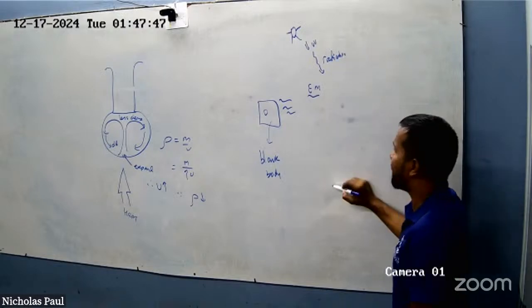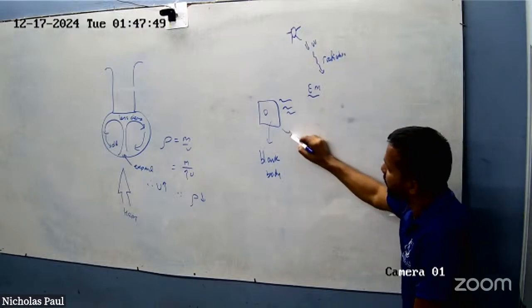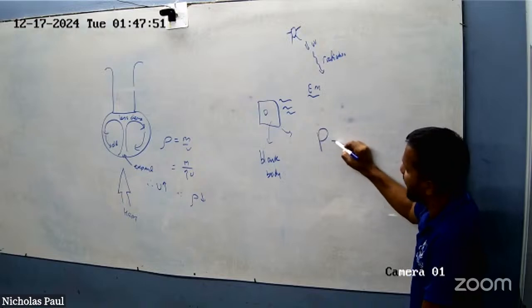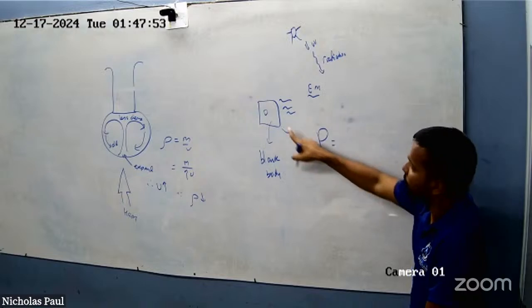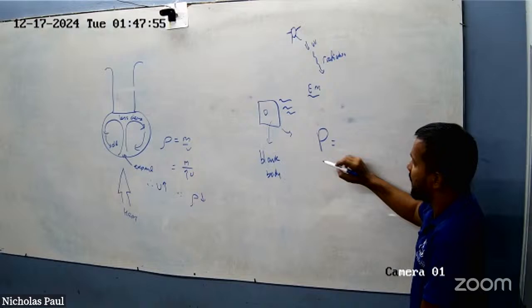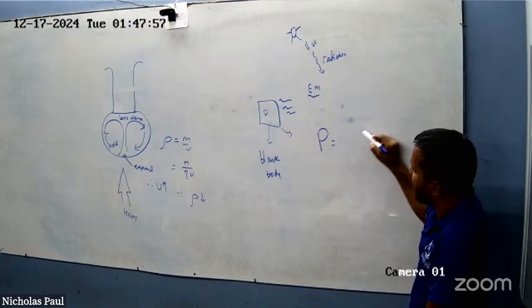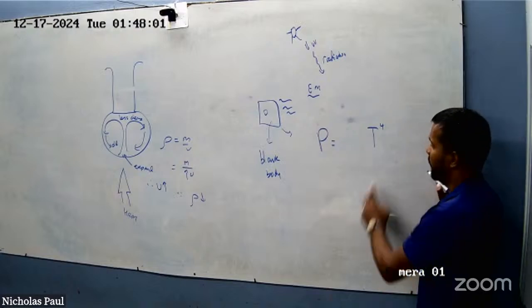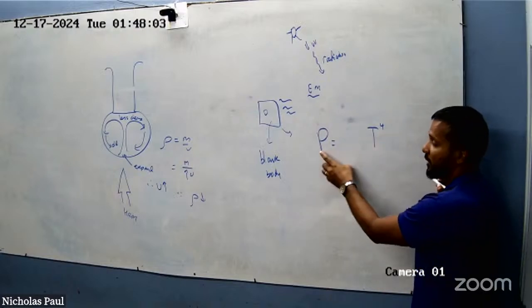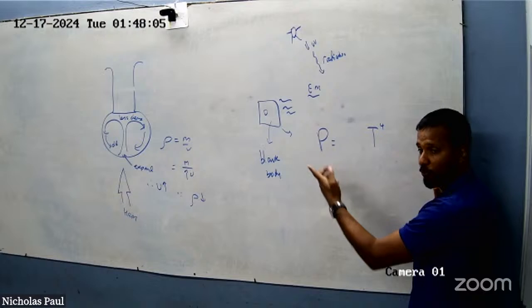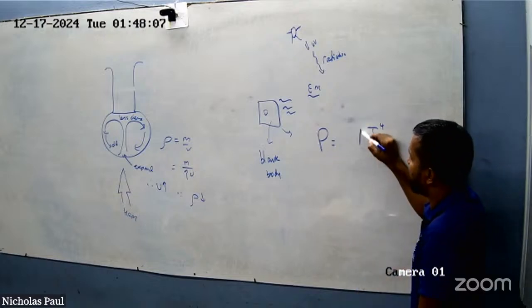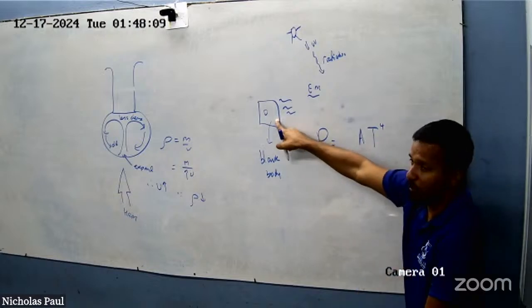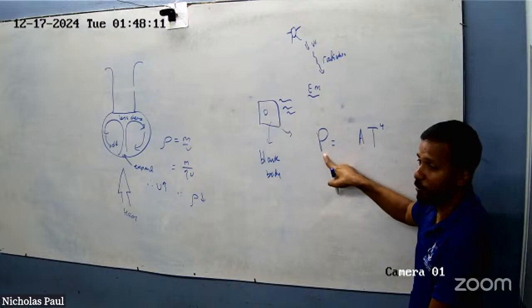So Stefan came up with a relationship that allows us to find the rate of heat flow from any black body radiation. And the rate of heat flow is given by temperature to the power of 4. So a real small temperature change will give you a large power, or energy flow. By the area, that's why the larger the body, the bigger the radiation.